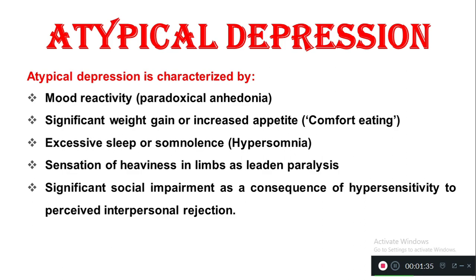So the patient with atypical depression will have abnormal social conduct, that is impairment in social relationships. This is due to hypersensitivity to perceived interpersonal rejection. Because of the feeling of rejection, there will be abnormal social withdrawal. Social impairment is present. This is about atypical depression.